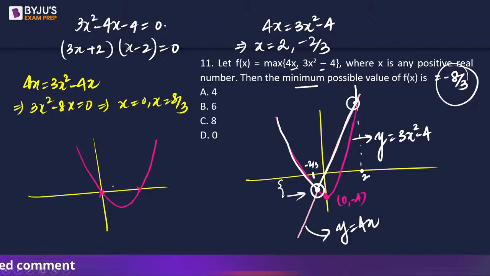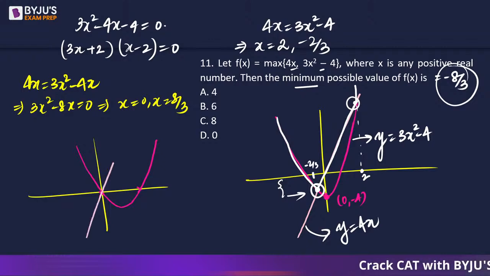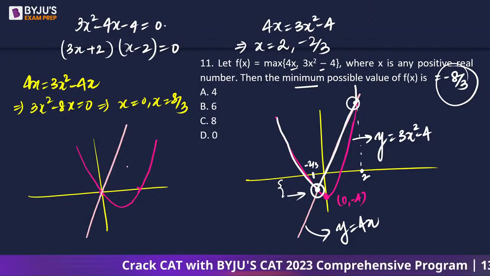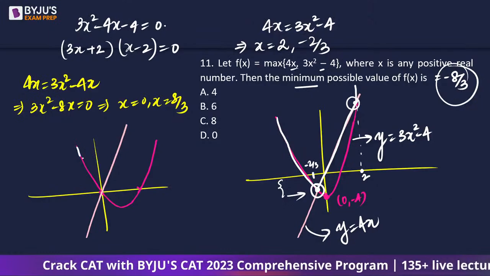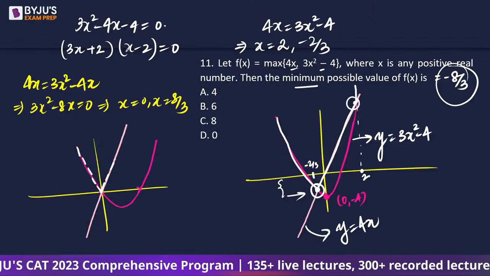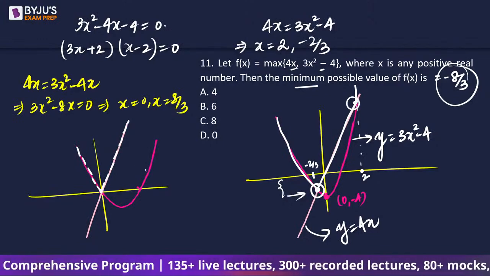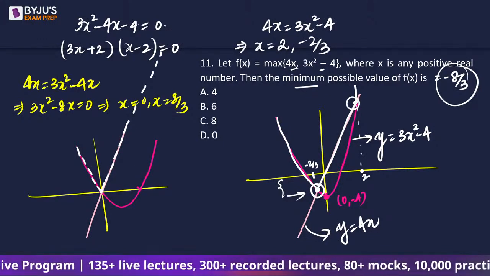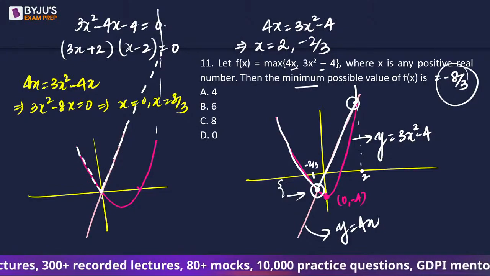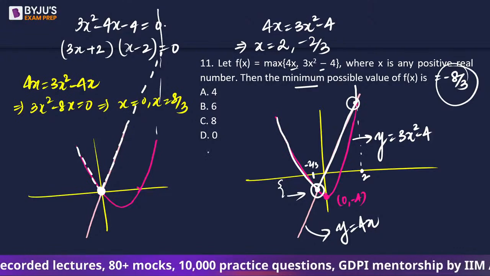Now if I try to draw the graph of the straight line, this is the graph of the straight line I will be having. Now if I'm asked to find the max of this, before meeting, the parabola was on the higher side, after meeting the straight line is on the higher side, and it will keep remaining on the higher side, and then when it meets the parabola, the parabola becomes the higher one. So the minimum is going to be 0.